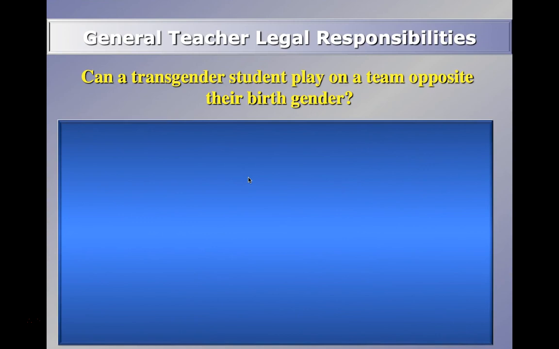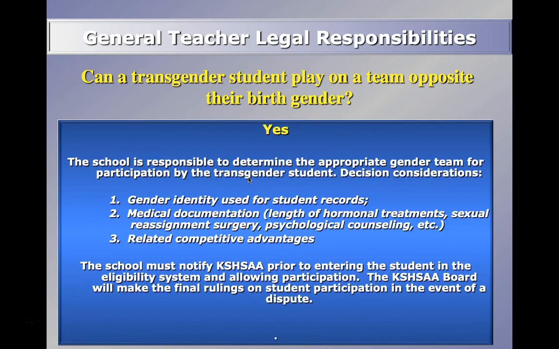Can a transgender student play on a team opposite their birth gender? Well, the answer so far is yes.